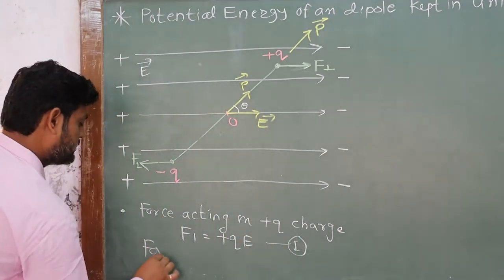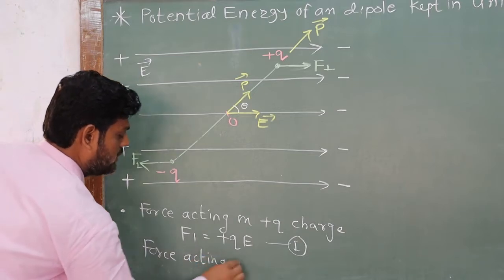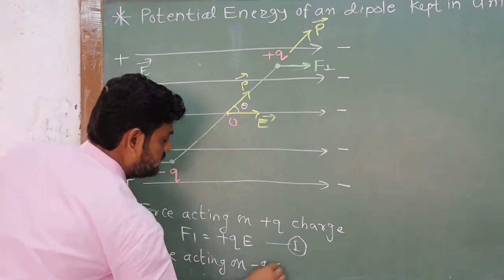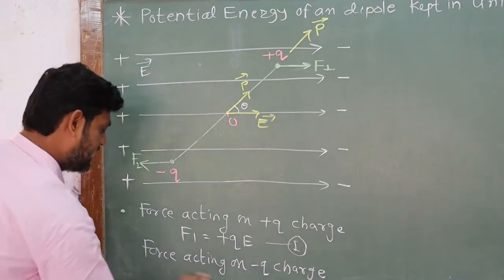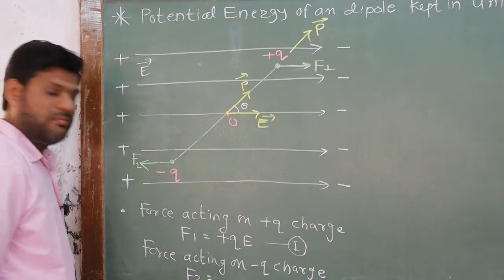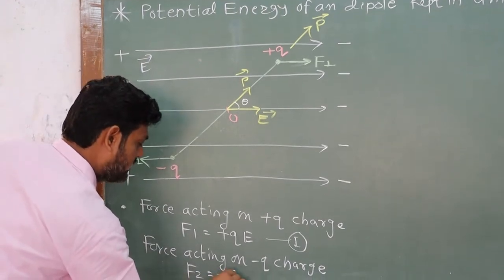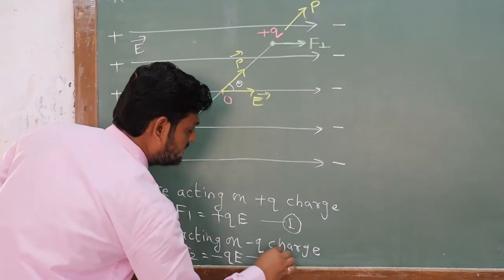Similarly, force acting on minus q charge, that is F2. So F2 equal to minus q into E, equation number 2.